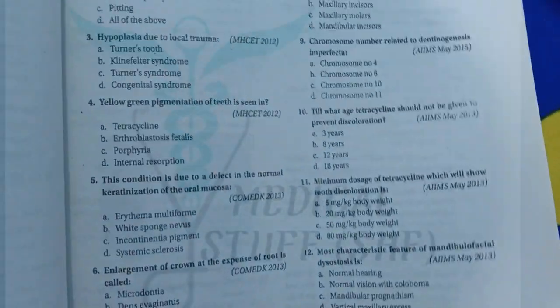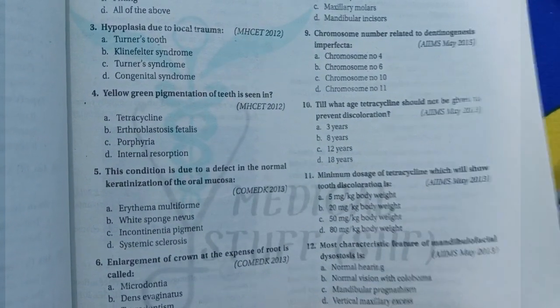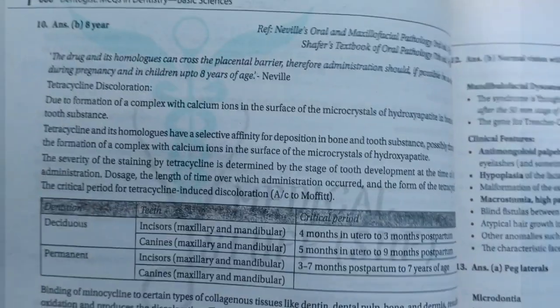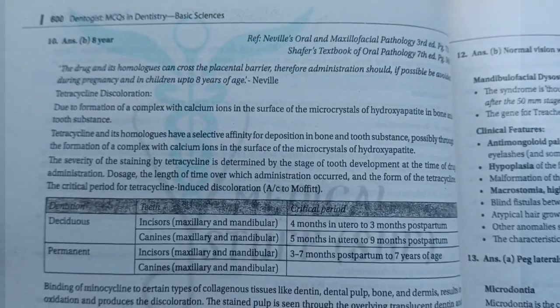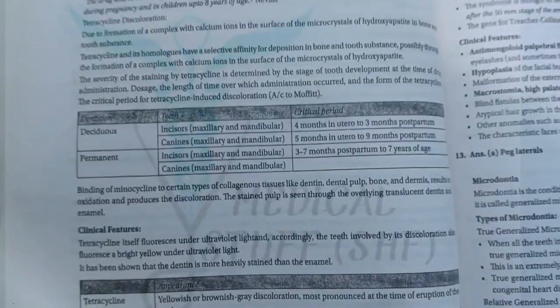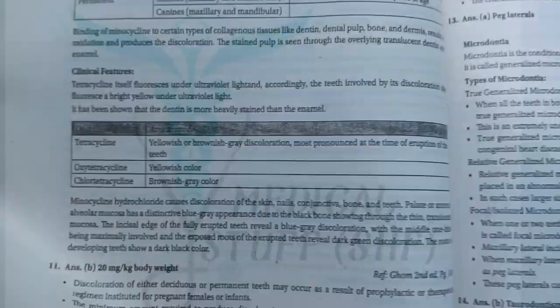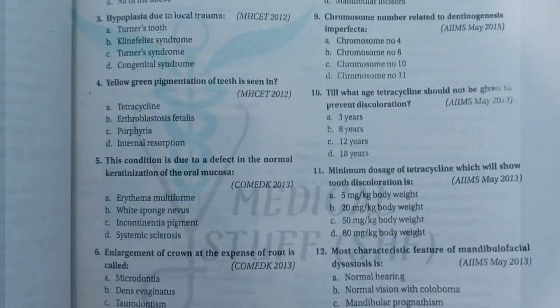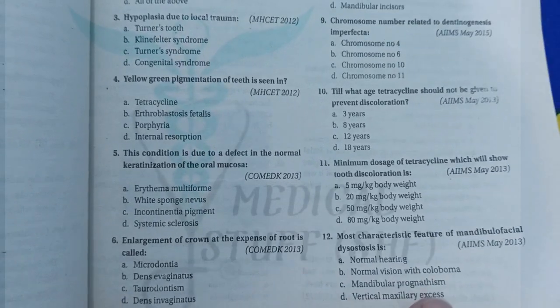Next question is: till what age should tetracycline not be given to prevent discoloration. The answer is 8 years. You can also see the explanation. Then the next question is: minimum dose of tetracycline which will show tooth discoloration is.